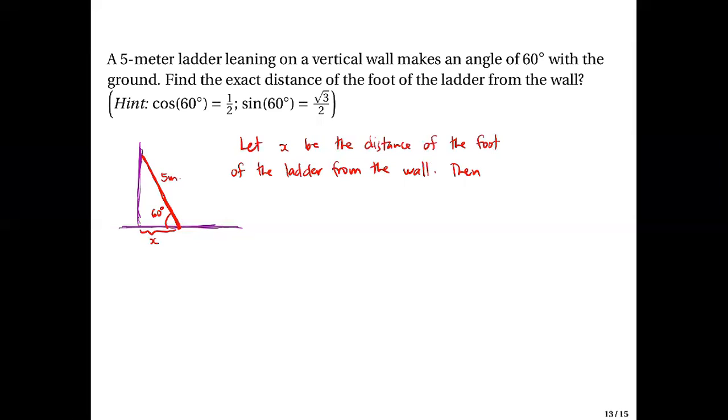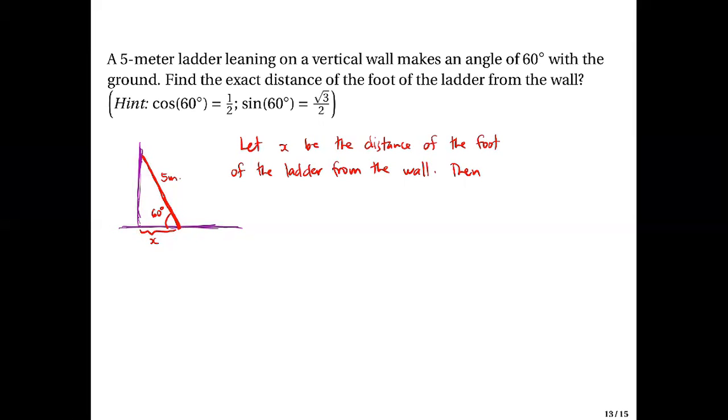So if we look at this, this is just a right triangle. So we can use SOHCAHTOA. We have the adjacent side. Well, we want to find the adjacent side. We have the hypotenuse. So we can use the CAH in the SOHCAHTOA.